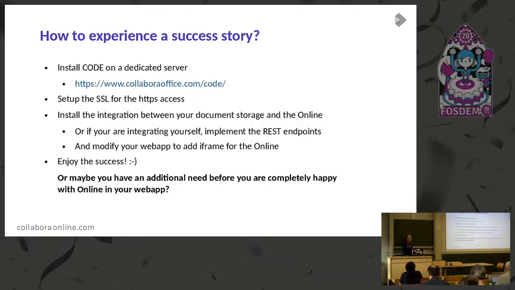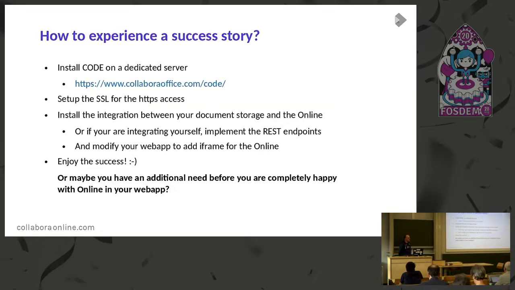So how to experience an integration success story? The first step is to install Collabora Online or Collabora Online Development Edition, abbreviated as CODE, on a dedicated server. You can set up SSL for the HTTPS access.